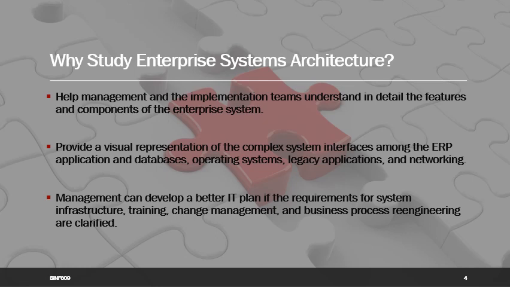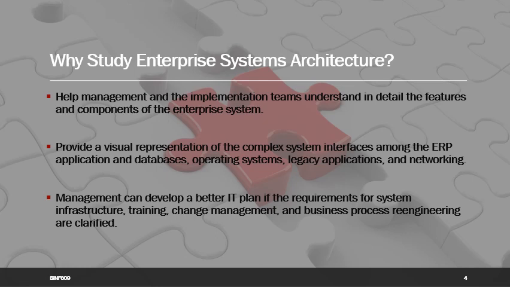Understanding the enterprise system architecture is important for several reasons. First, it helps management and the implementation team to understand the features and components of the enterprise system. Second, it provides a virtual representation of the complex system interfaces among the ERP applications and databases, operating systems, legacy applications, and networks.